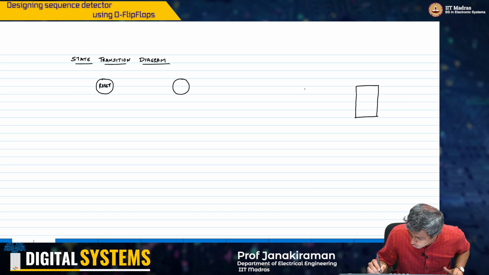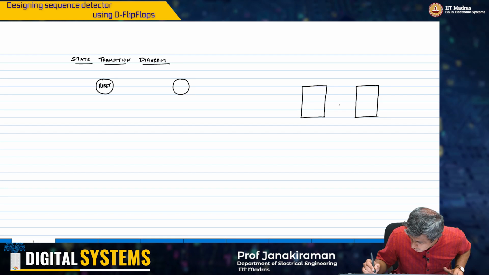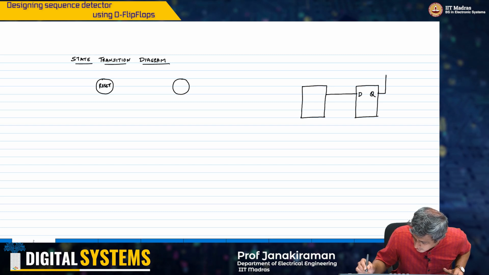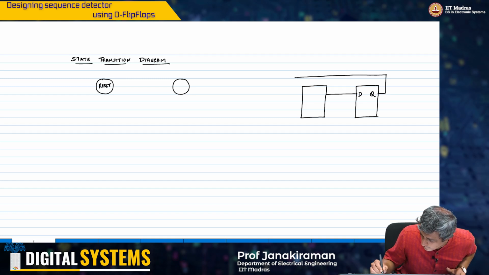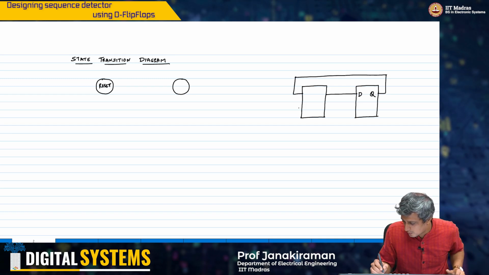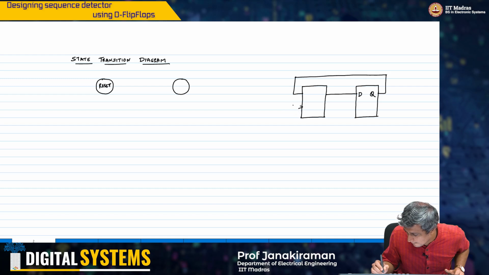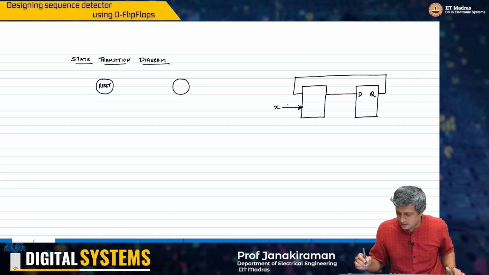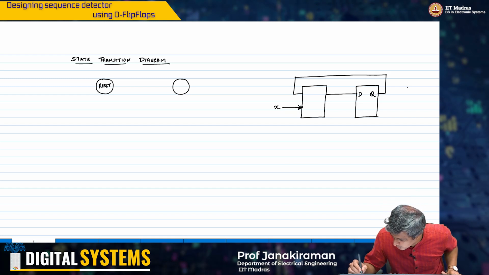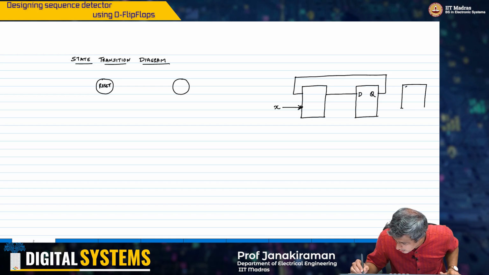Now what you are doing is the flip-flops. Remember, what we are trying to do eventually is to figure out this X, and I also have Y, the combinational block here.